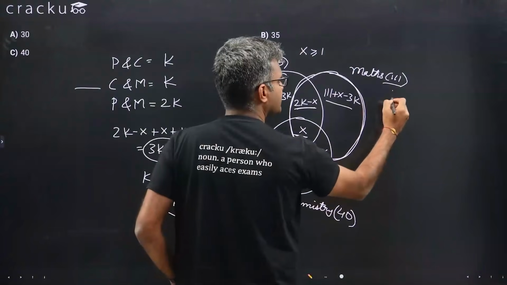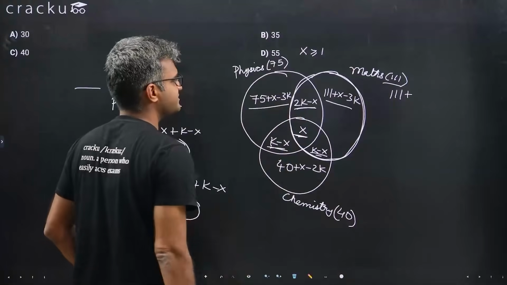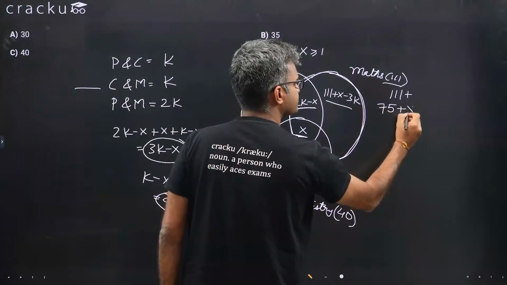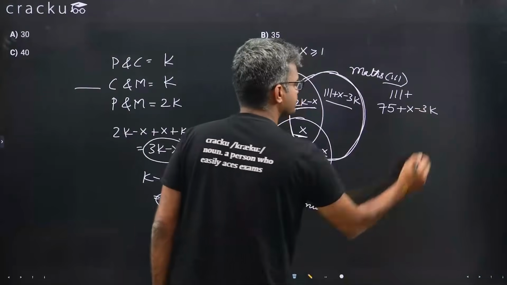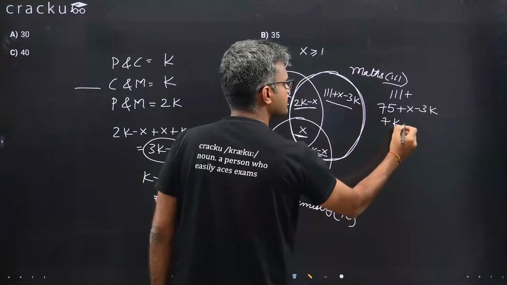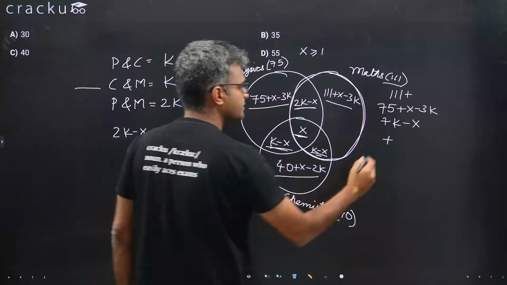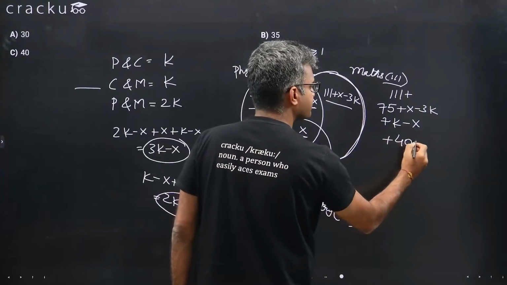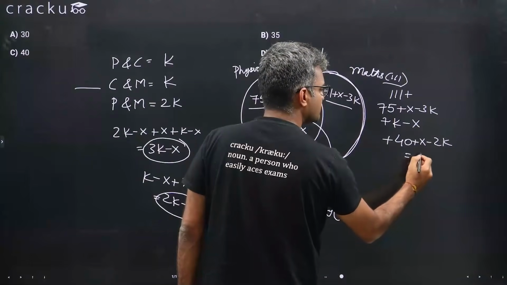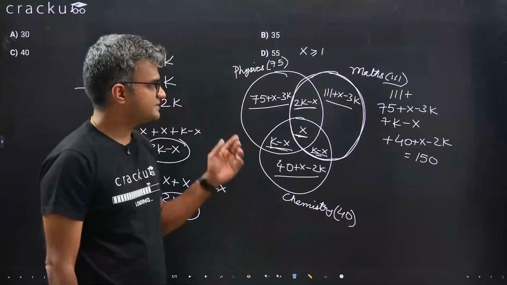So 111 plus 75 plus x minus 3k plus k minus x plus 40 plus x minus 2k has to equal 150, which is the total number of students in the school.